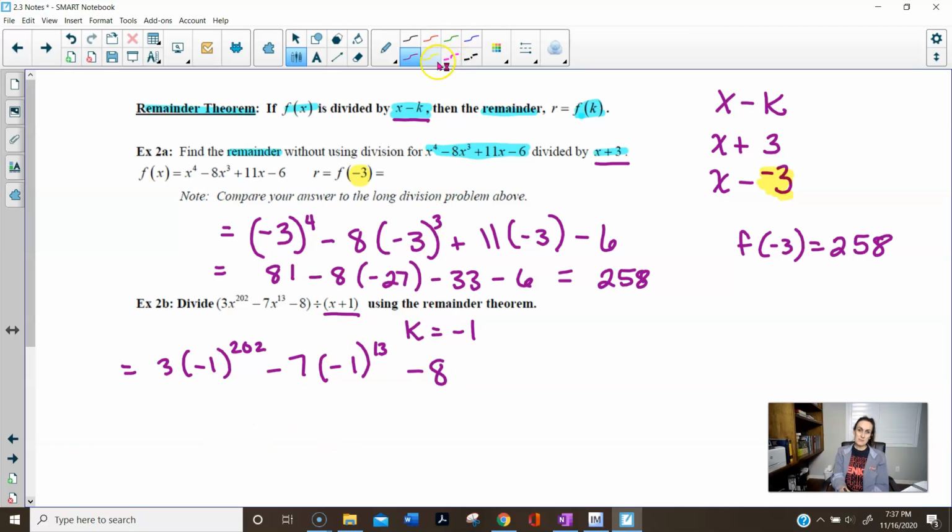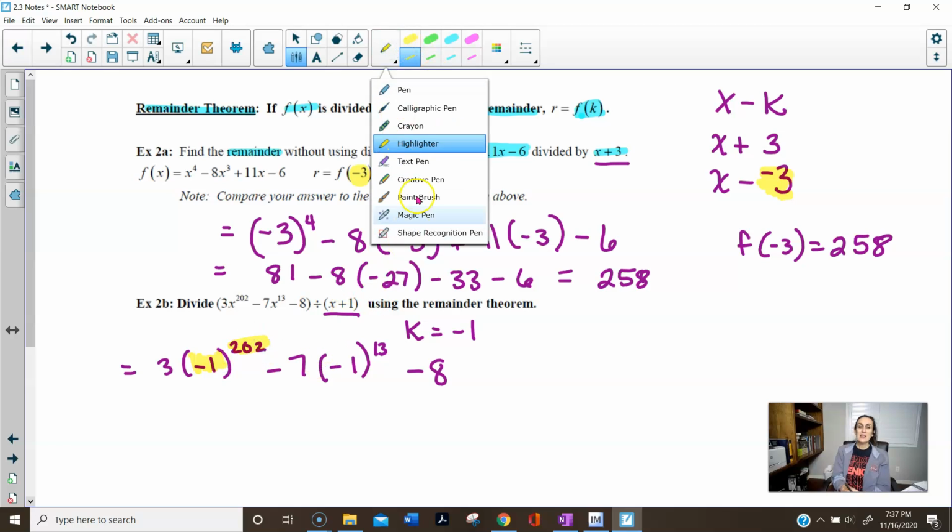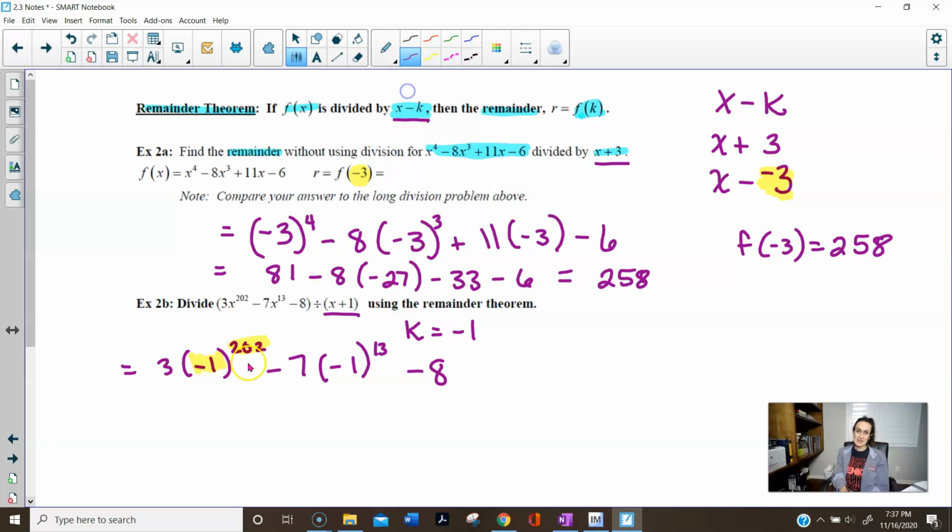Now, something to remember is if you have a -1 and you raise it to an even power, then it's going to stay positive because a negative times a negative is a positive. So this is the same thing as 3 times +1. If you take -1 and you raise it to an odd power, it's going to stay negative because you're going to have an odd number of negative signs is what I'm trying to say.